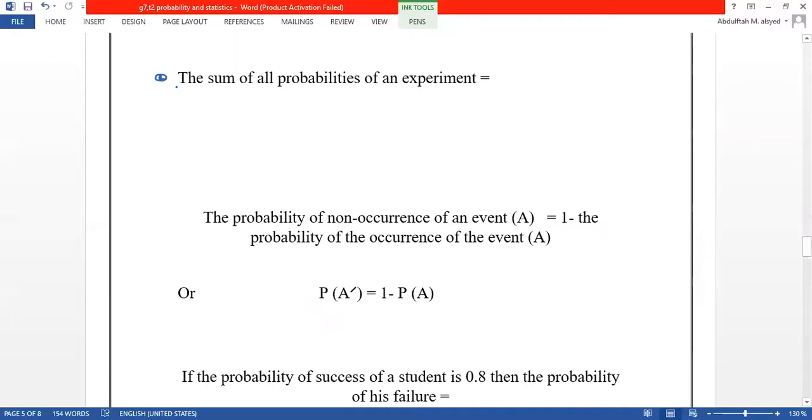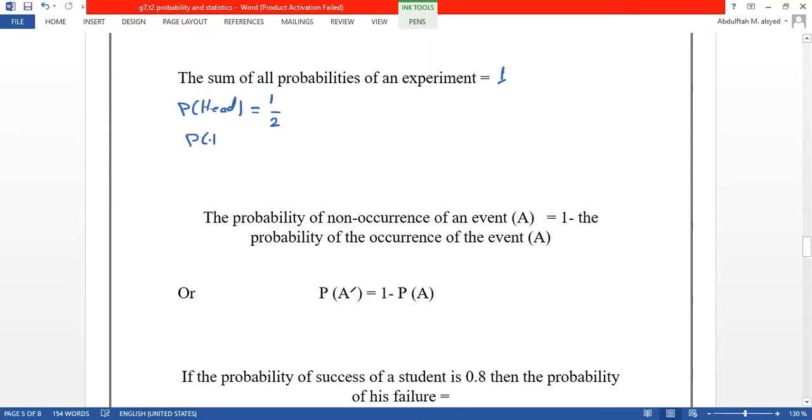Also, what is the sum of all probabilities of an experiment? As we have mentioned, it equals 1. Why? For example, take the probability of getting head when throwing a coin once. How many heads on the coin? 1. How many faces of the coin? 2.